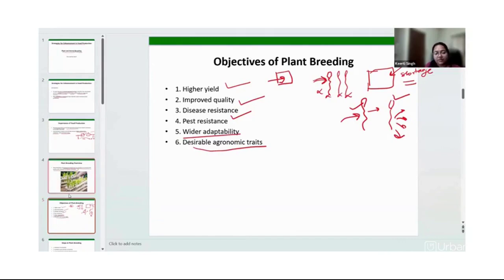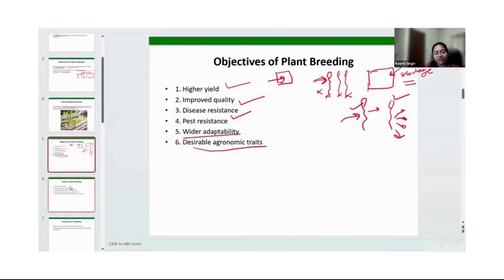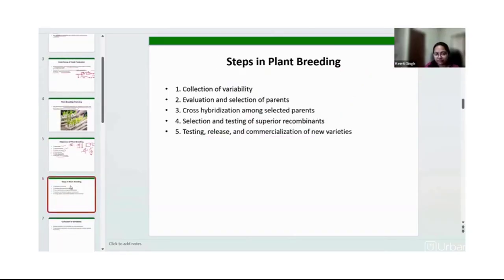So what are the steps? We will quickly see what steps are involved in plant breeding, right? Step one is the collection of variability. We will collect as many variable plants as possible for study purposes, right?